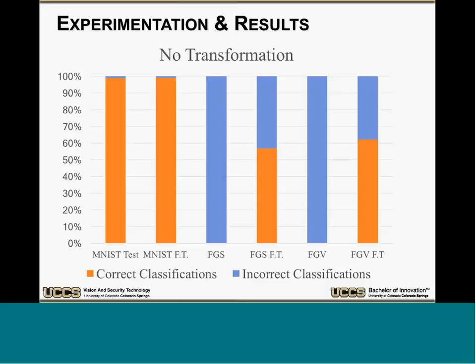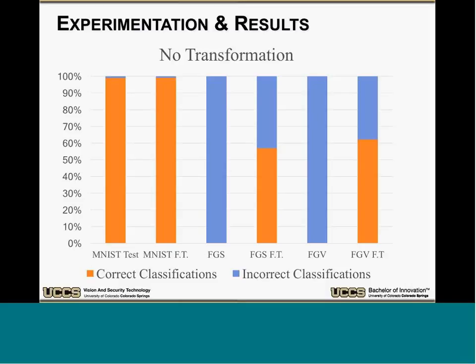The first two columns are on the MNIST test set, the second two columns are on our FGS test set, and the third two columns are on the FGV test set. Fine-tuned is abbreviated as FT, so that is the performance on our fine-tuned network.